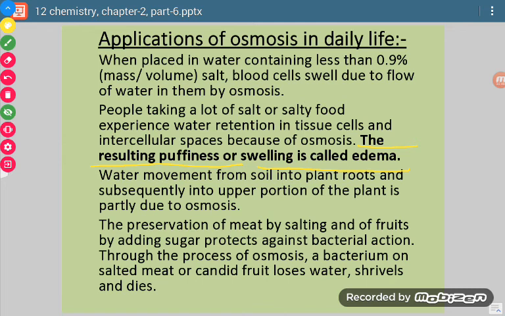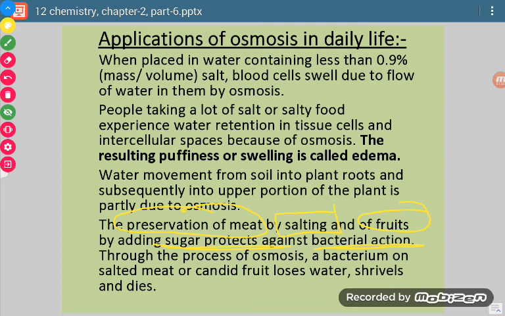Similarly, water movement from soil into plant roots and subsequently into the upper portion of the plant is because of osmosis. Similarly for eatables, if we want to preserve meat or foods, then in meat we add salt, we salt it very properly, and for fruits we add sugar. It protects from bacterial action.